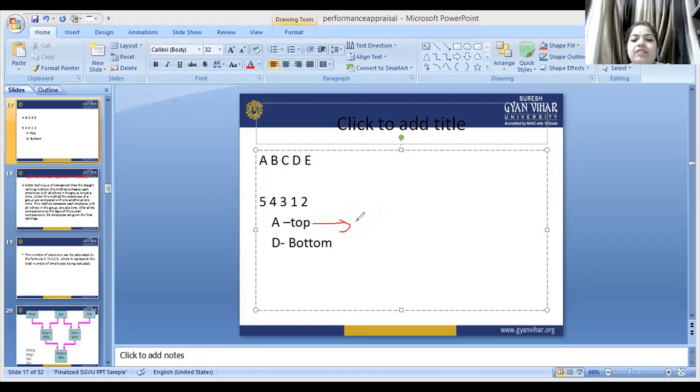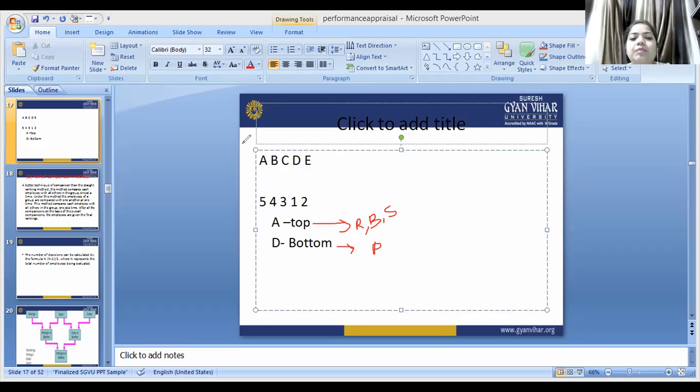He will get the reward, bonus, and maybe an increase in salary. If we talk about person D, who is at the bottom position with 1, he may be punished by the organization.